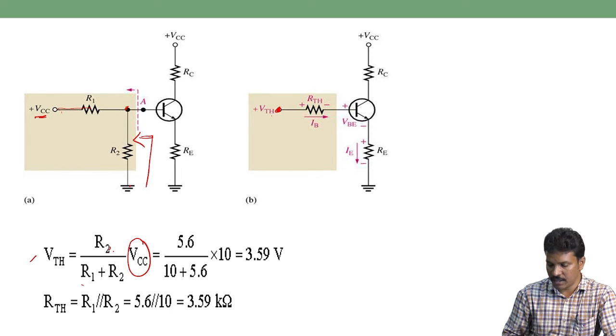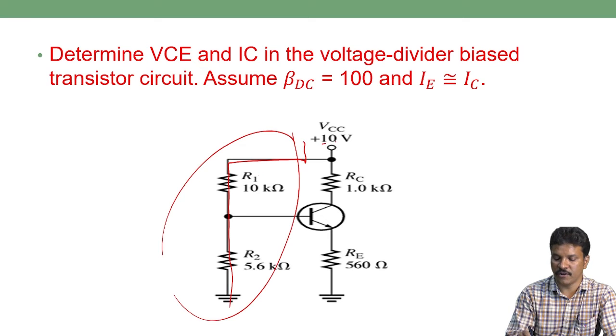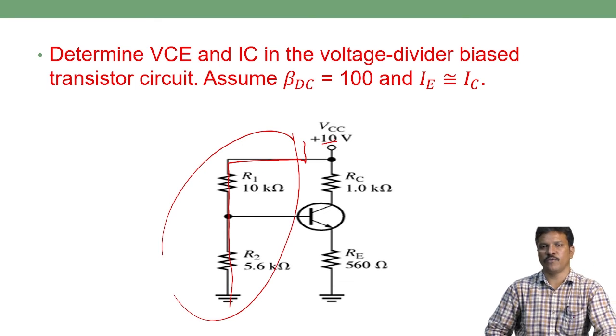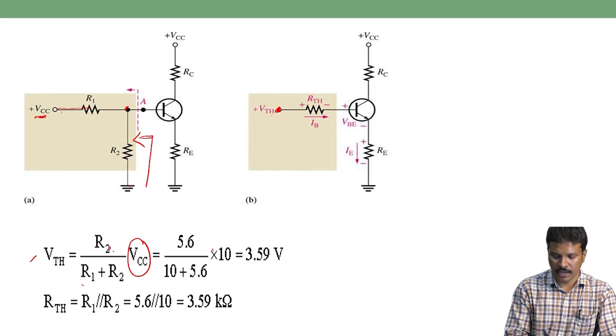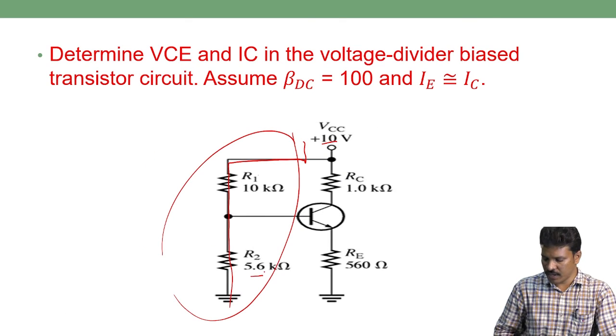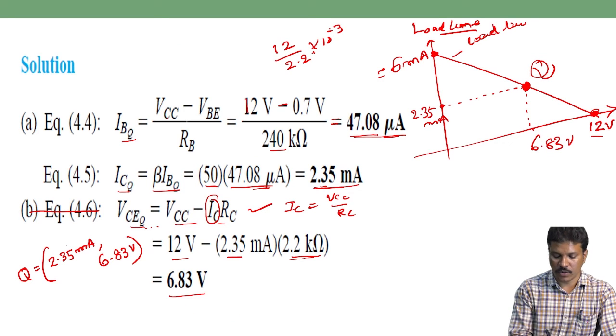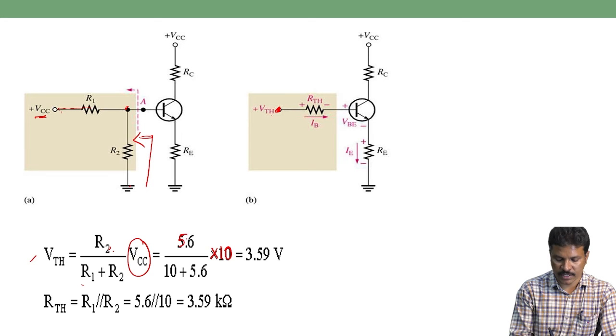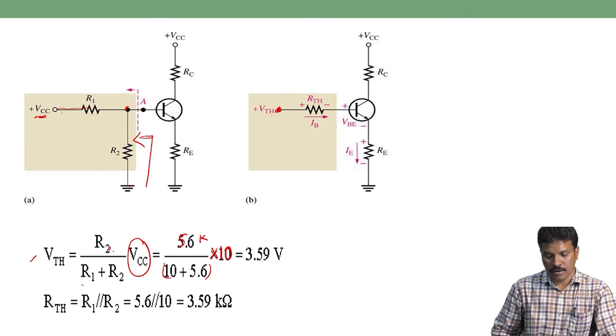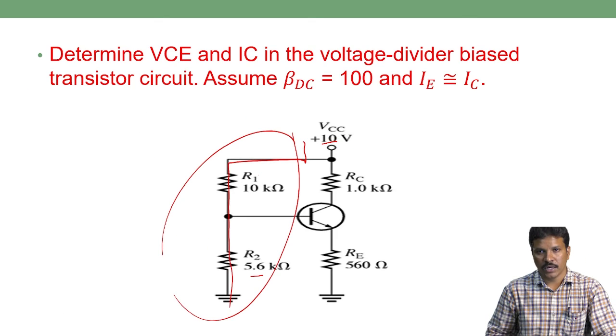what is VCC in this problem? The VCC is 10 volts. So 10 into R2, which is 5.6 kilo ohm, and in the denominator R1 is 10 kilo plus 5.6 kilo, that is 15.6 kilo.